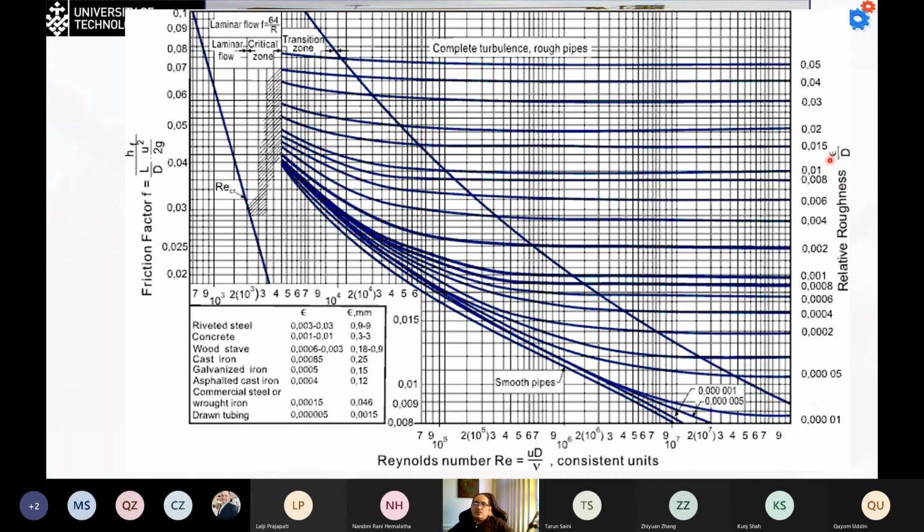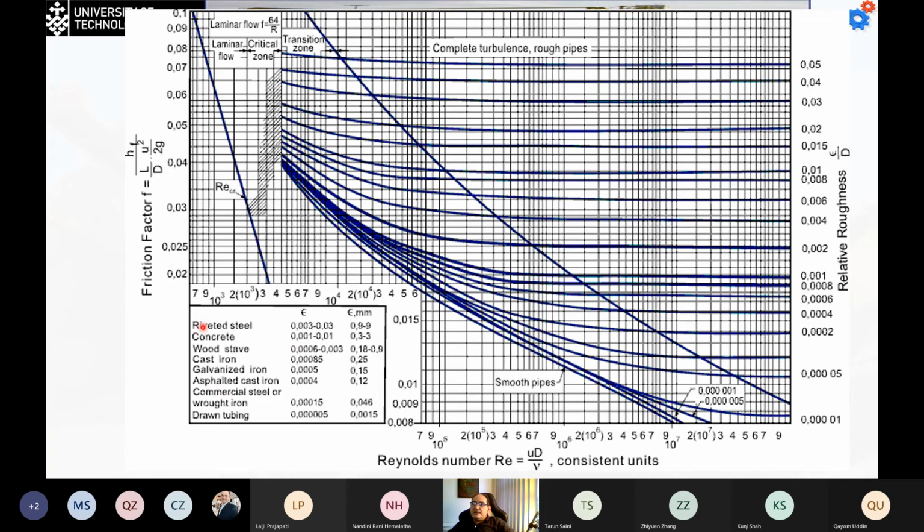Of course, the epsilon is the surface roughness of the pipe from the inside. The diameter is known, so we can calculate the relative roughness. Reynolds number can be calculated as long as we know the diameter, the velocity, and the viscosity. By finding these two values, we make the intersection, and thus we will be able to find the friction factor F. And from there, we can continue to find the other parameters in our design procedure.